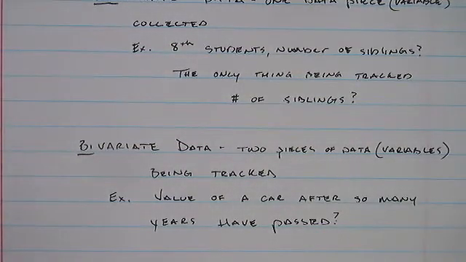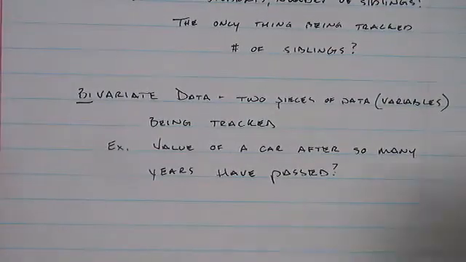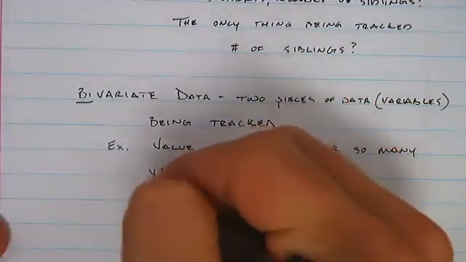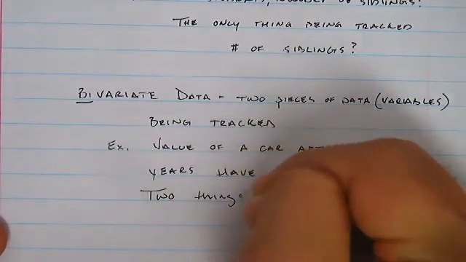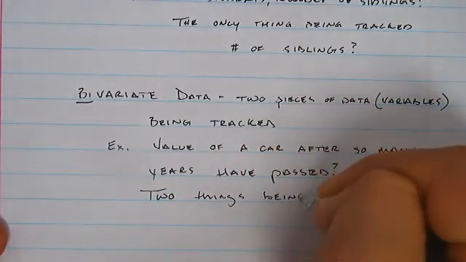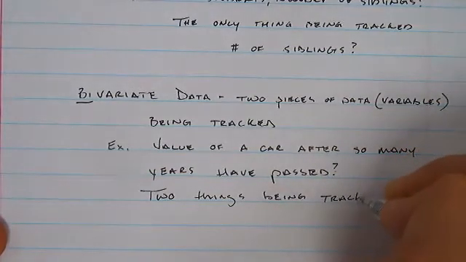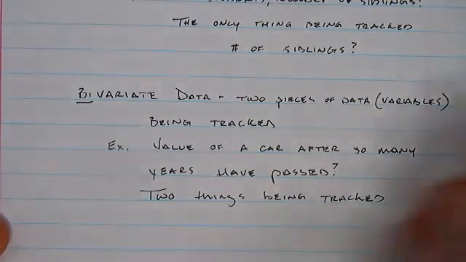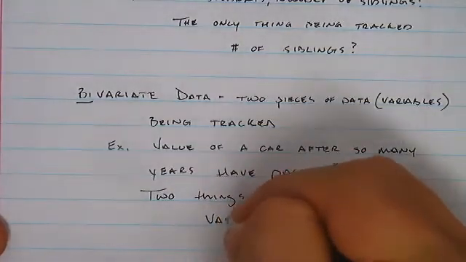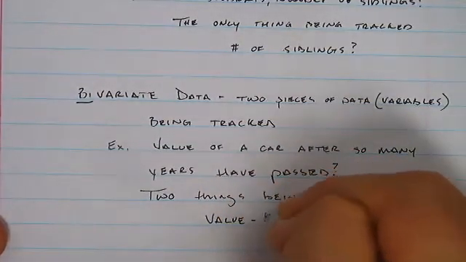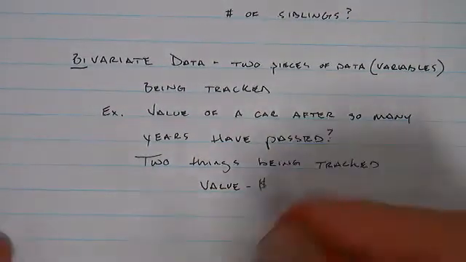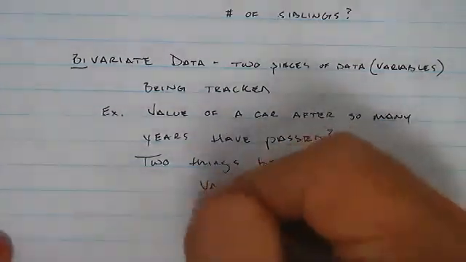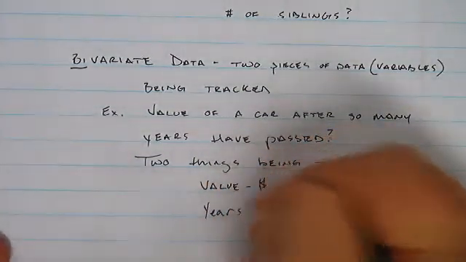Well, if you look at that situation, we've got two things being tracked. We have the value, or money, as one of our variables, and then we could say how many years have passed.